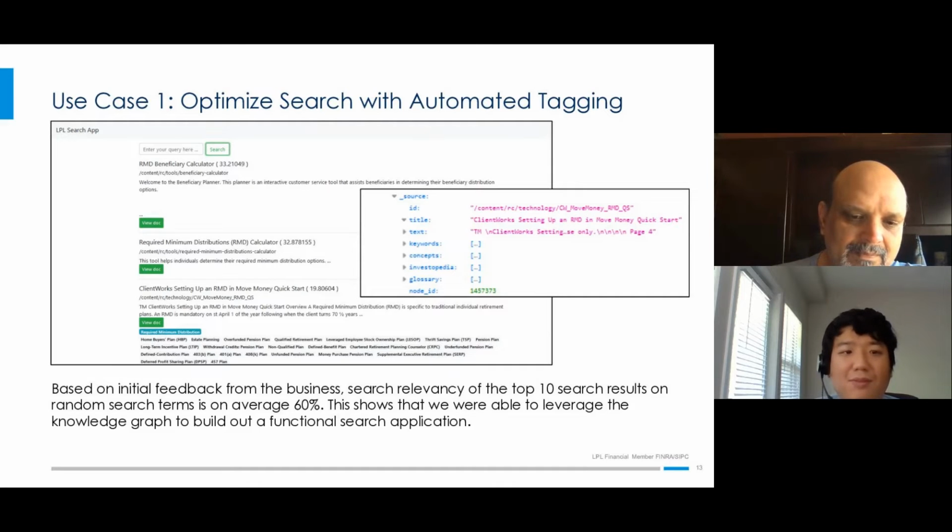So out of the box, the capability to automatically extract these tags out of the documents themselves is pretty powerful.